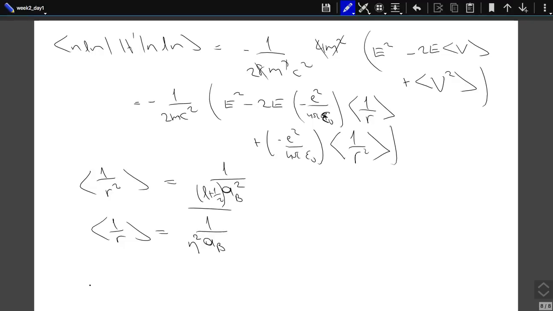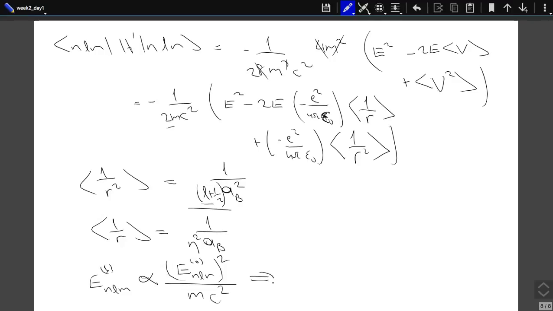So the change in the energy of the NLM state, the first correction, will be proportional to the energy of that state squared divided by mc squared, with some factors containing L or 2's, etc. There's 2 over here, these factors of L over there.